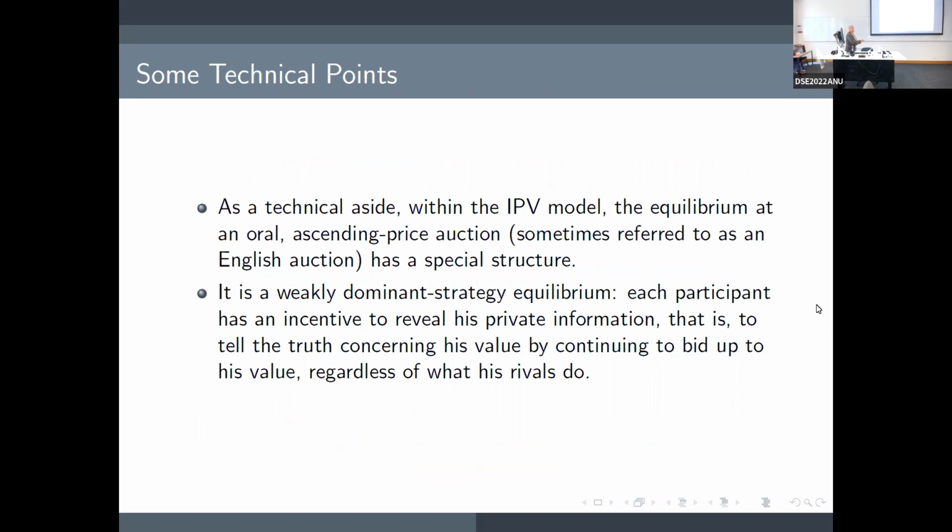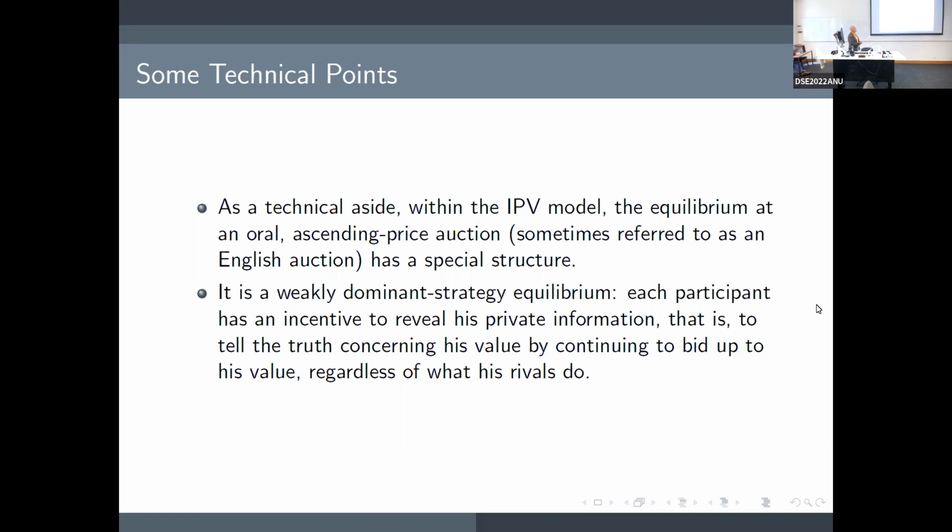So what are the four kinds of auctions we're going to study? Well, there's going to be an oral auction, an open outcry, and it's going to have two varieties. One is an ascending price. We often call that an English auction, and when we model it, we call it a Japanese auction. I'll be a bit clearer about that later. And then there's another kind, a sealed bid kind, and those have two pricing rules: first price and second price.